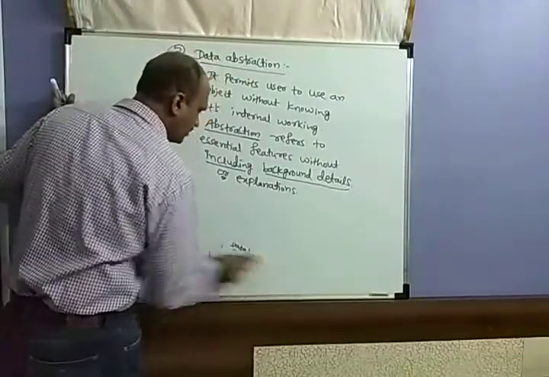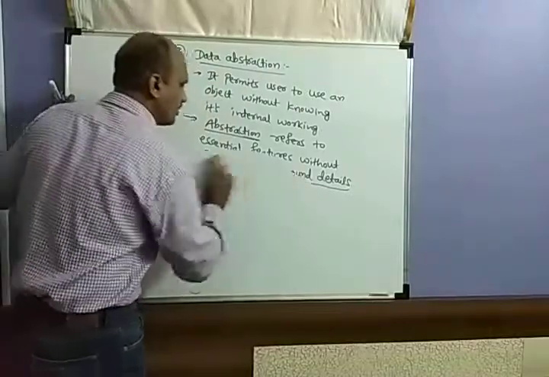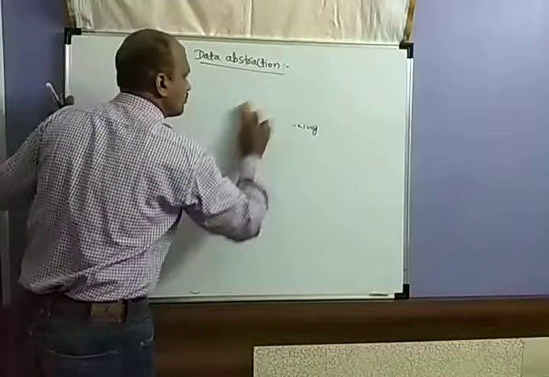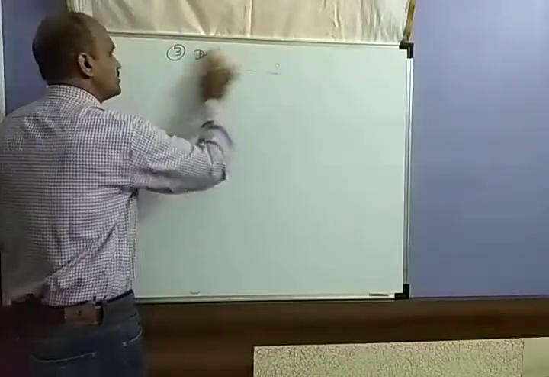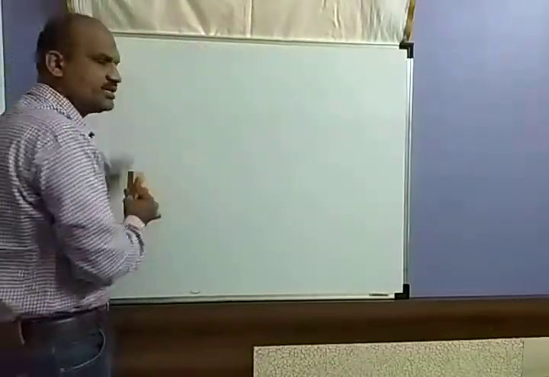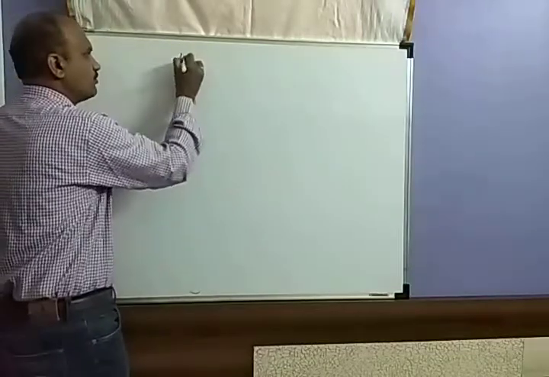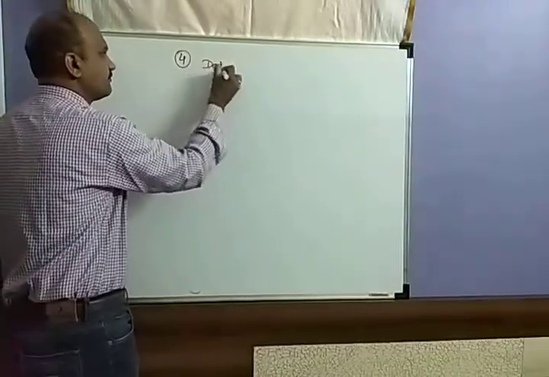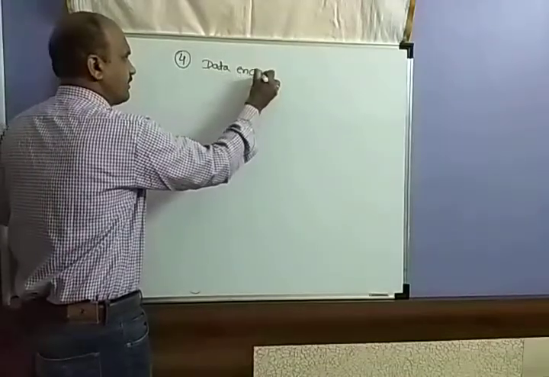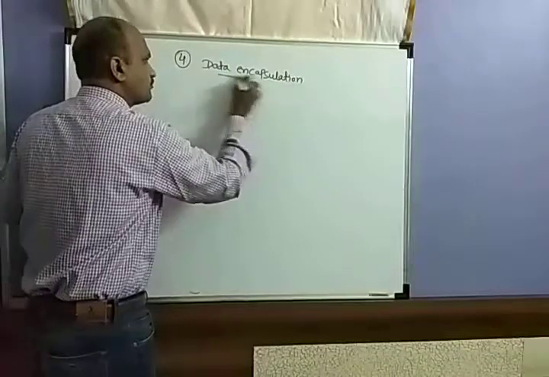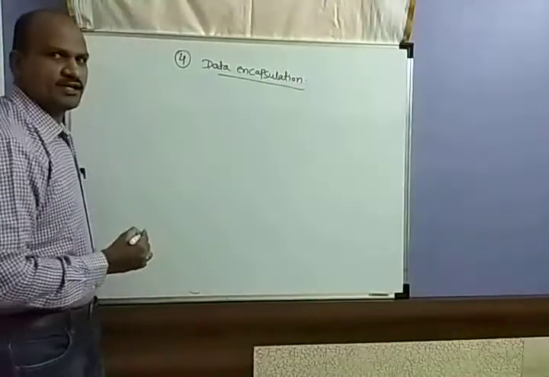That is very important. Okay, when you go to the fourth one, we saw the classes, we saw the objects, we saw what data abstraction is. Next, very important, that is data encapsulation. What is the meaning of data encapsulation?